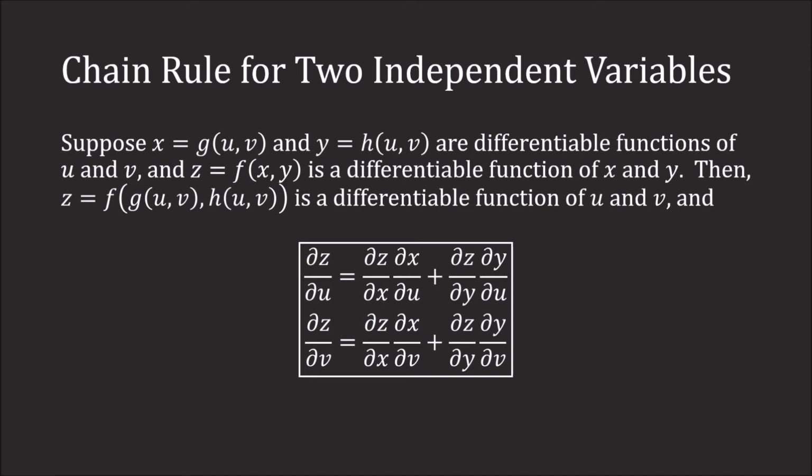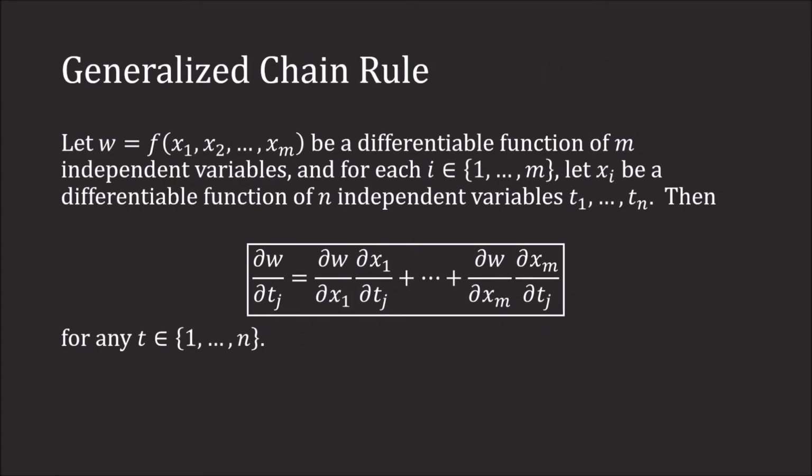More generally, if we have a function w that is differentiable of m independent variables, call them x1 through xm, and for each subscript i, which is of course going to be a number between 1 and m, let x sub i be a differentiable function of n independent variables, call them t1 through tn.